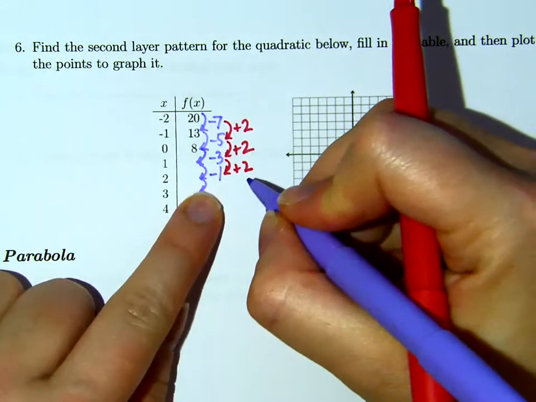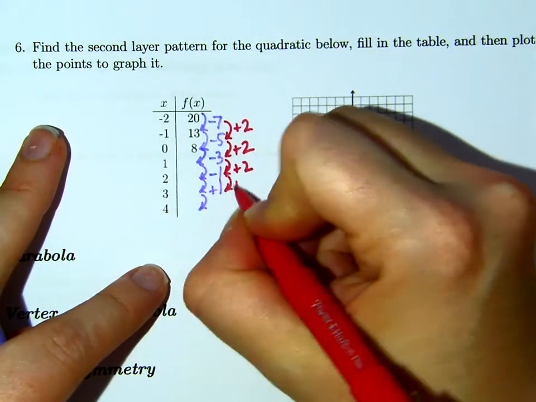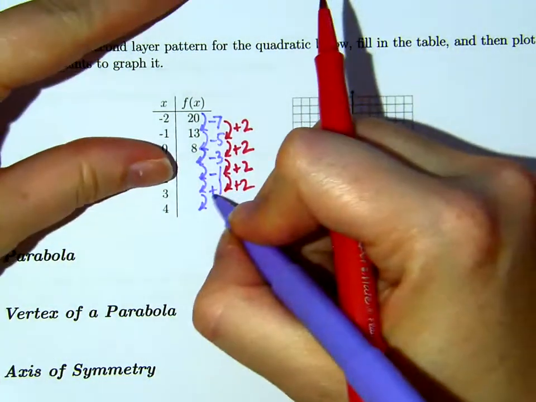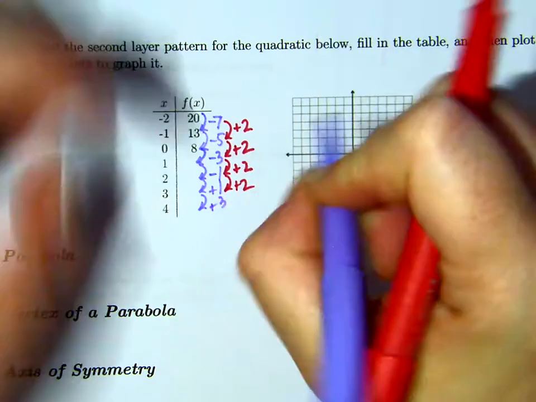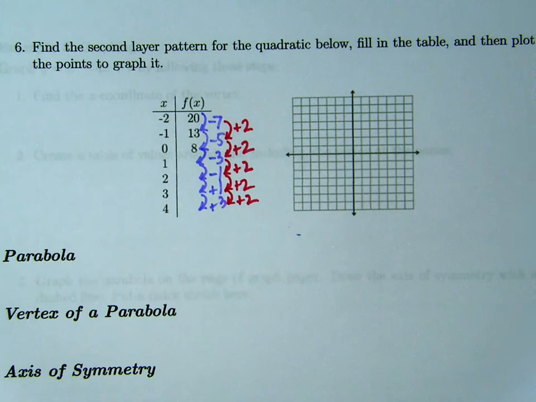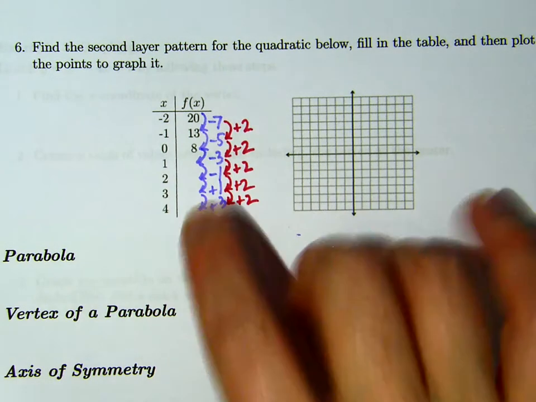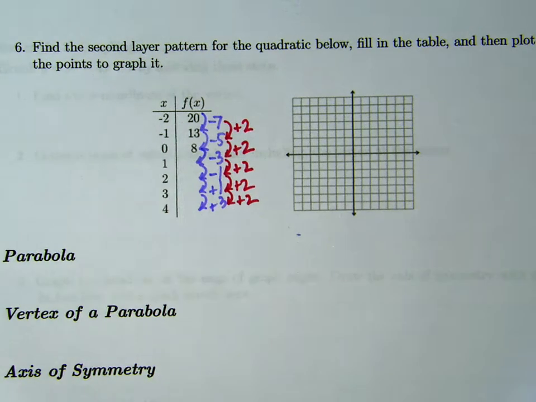Negative 1 plus 2 is 1. And do it again. 1 plus 2 is plus 3. Okay, so I'm able to piggyback off of my second layer in order to find the first layer pattern. And then I'm going to use my first layer pattern in order to fill in all of these points.